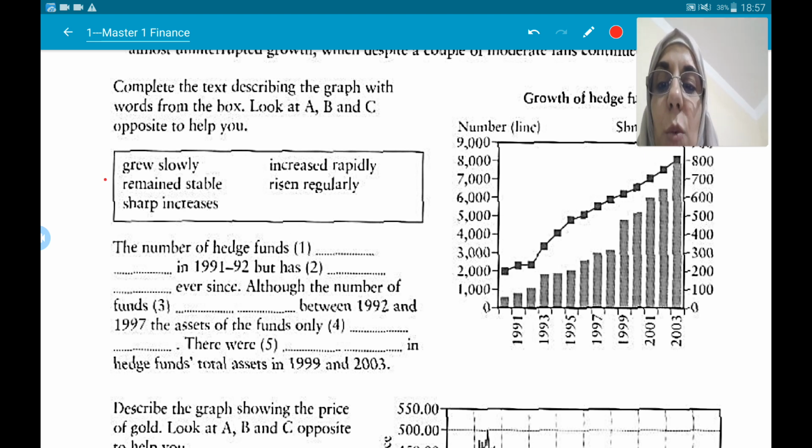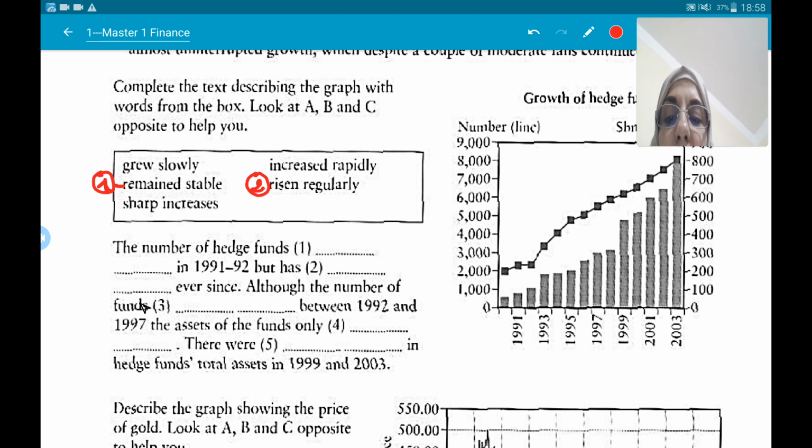So this is 1. Look at the graph. But has risen regularly ever since. Number 2.